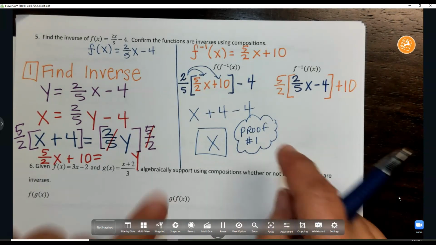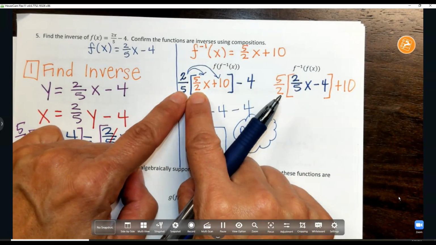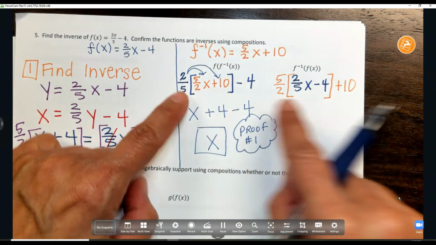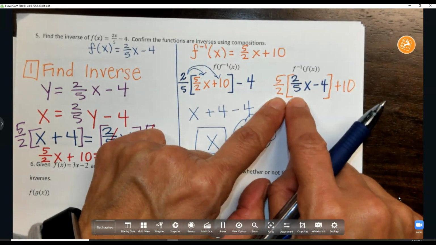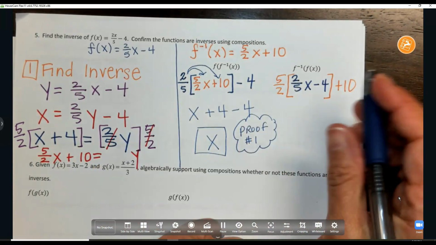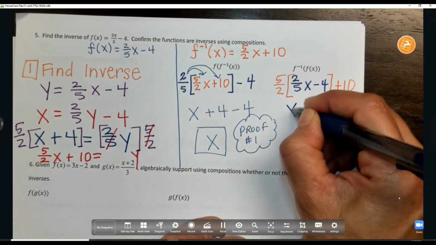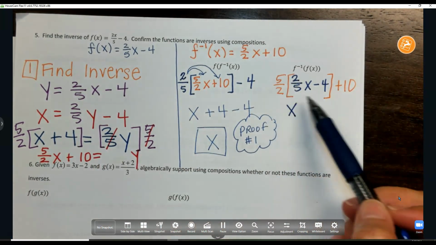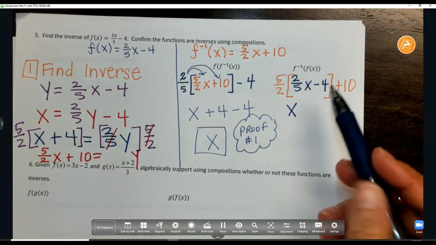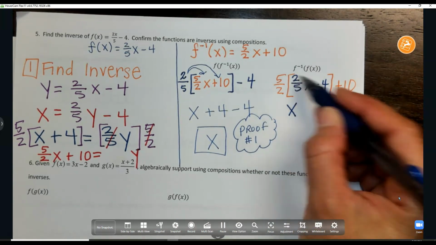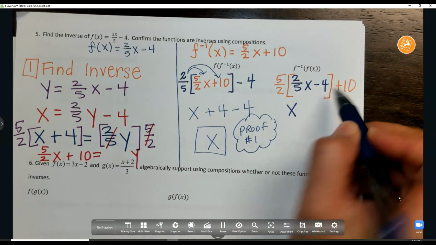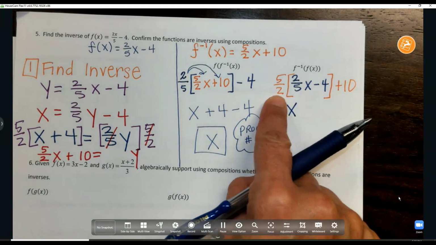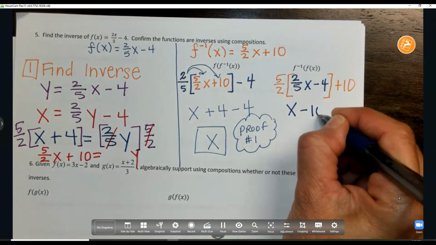Okay, so just like 2/5 times 5/2 went away on that side, 5/2 times 2/5 goes away on this side too. So that's going to leave a single x. And then 5/2 times that -4, you guys have got to get that down. 5 times a -4 is a -20. -20 divided by 2, -10.